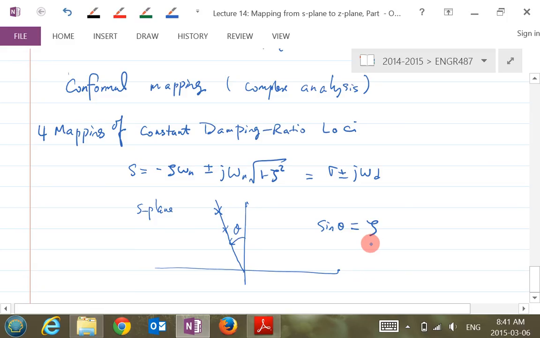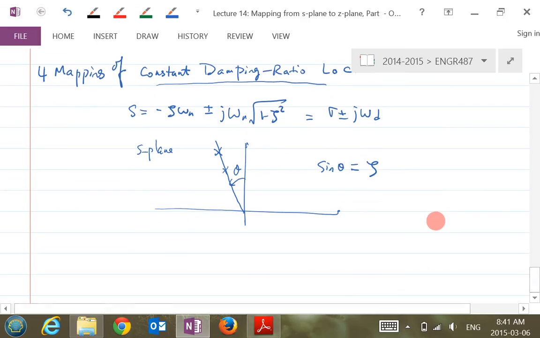So this radial line in the S-plane, for a second order system, we consider as a so-called constant damping ratio locus.